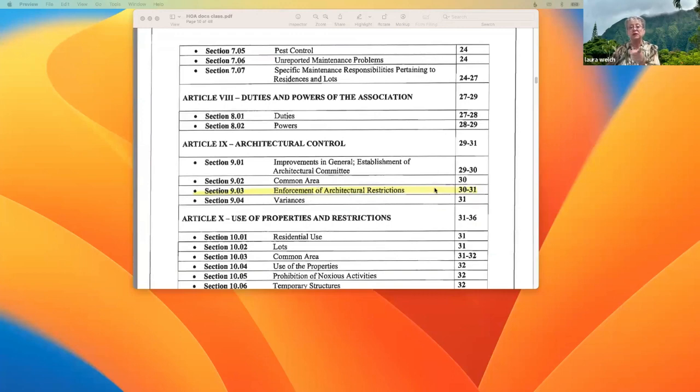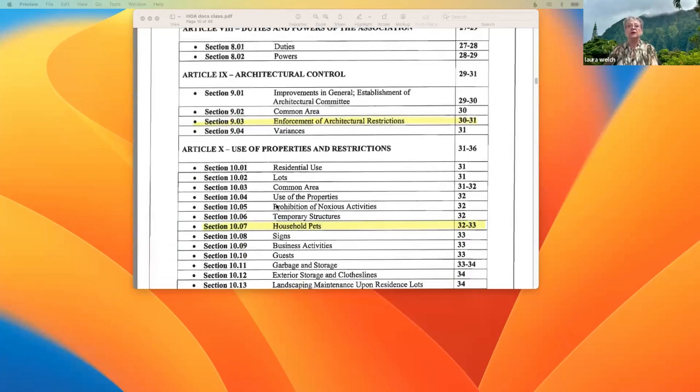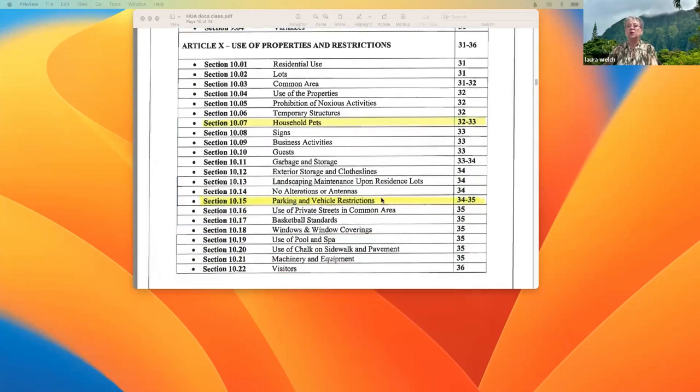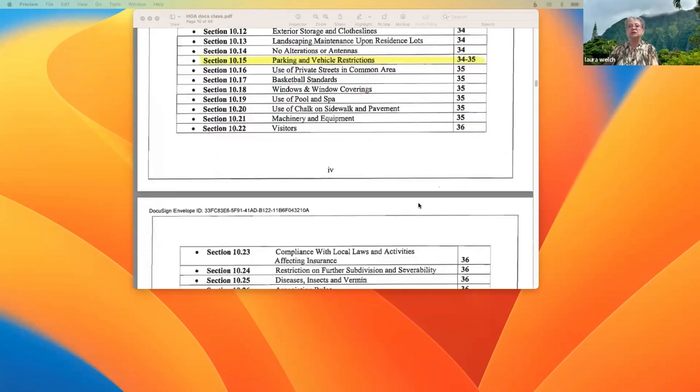Architectural restrictions. Remember I talked about the windows. Or you have a gardener. A lot of times they will say you can't put an arbor in that can be seen outside of your unit. You can't do that. Household pets, parking vehicles and restrictions.